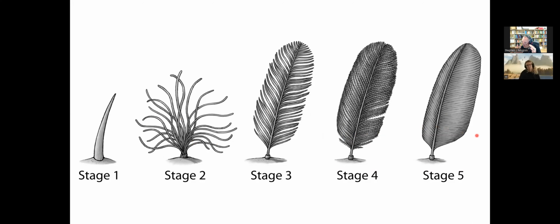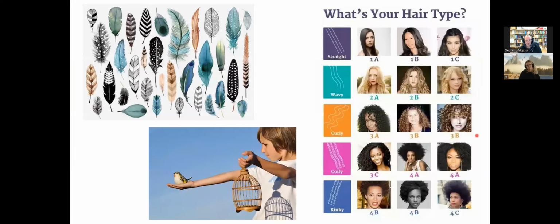Feathers are quite ancient. They're as ancient as hair. But feathers are with the diapsids. Hair is with the synapsids. Hair and feathers, the beautiful diversity of feathers here, one could argue, is at least matched in beauty by the diversity of hair types shown here in this diagram.